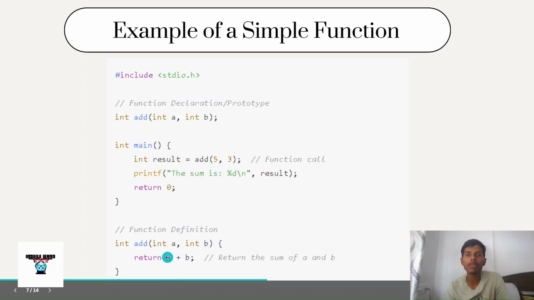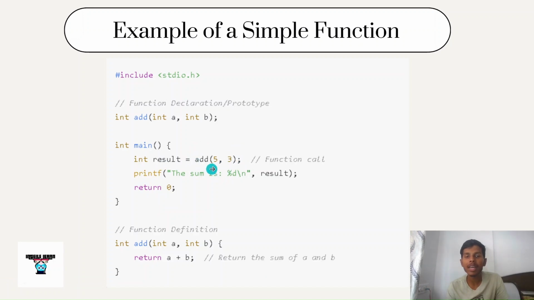For that, during the function call, we are going to pass the values which are in front of you, 5 and 3. This is the function call part. The value 5 is passed to parameter a, and the value 3 is passed to parameter b.